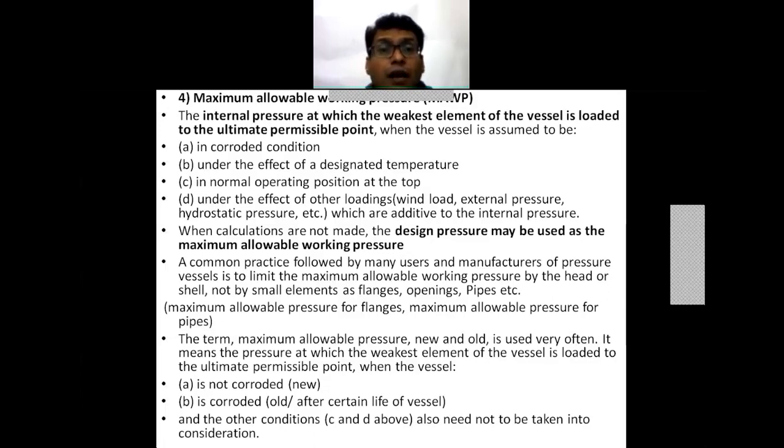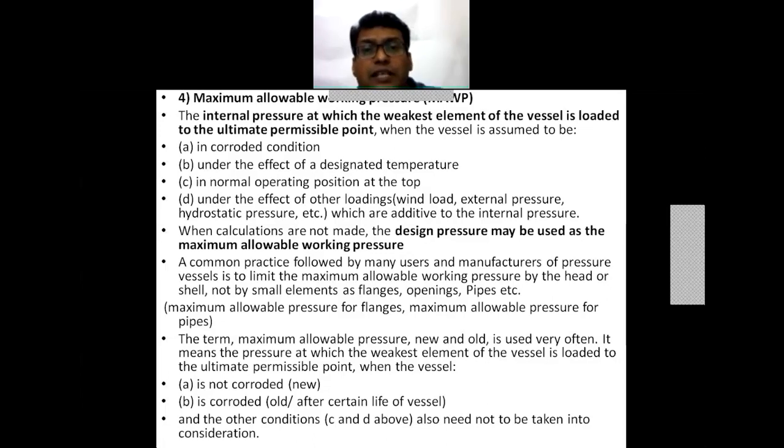The weakest element of the vessel means the curvatures or the joints, or sometimes where the instruments or the nozzles are provided, and the welding that has been done there. All these are considered the weakest elements of the vessel, loaded to the ultimate permissible point, that is, the ultimate permissible stress.